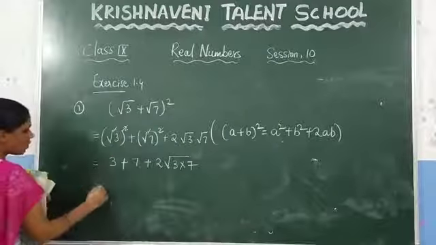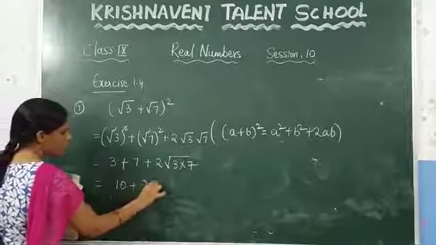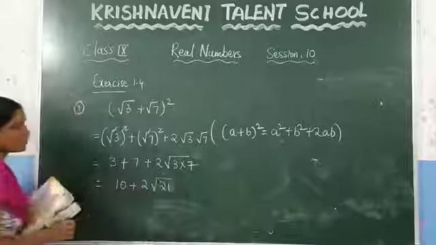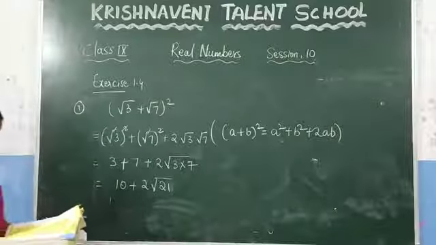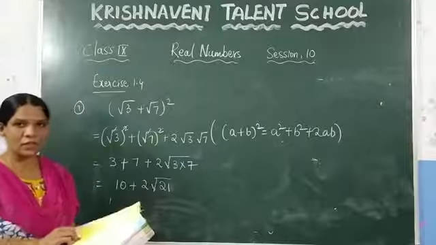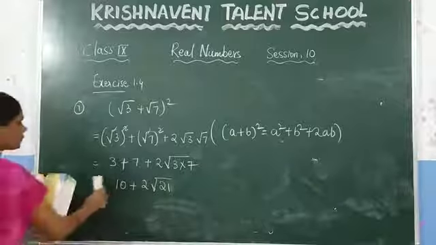Now what is the value of 7 plus 3, which is 10, plus 2 root, what is the value of 3 into 7, which is 21? So like this we need to solve. One more question is there. You can do it the same way as we have done in the second question. Now see the second question.